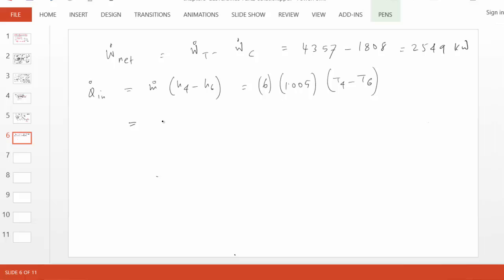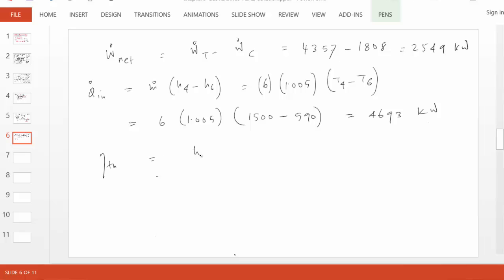We substitute T4 and T6, and T6 is 590 if you recall, and then we get approximately 4693 kilowatt.